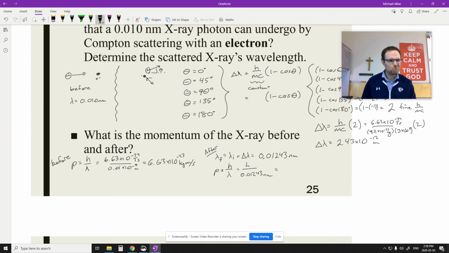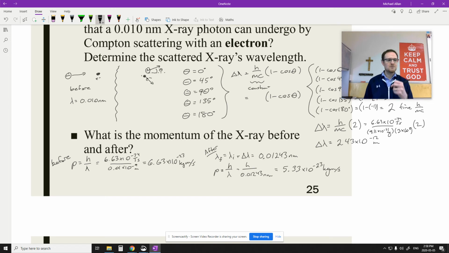Okay. So my new momentum here is going to be 5.33 times 10 to the negative 23 kilogram meters per second.